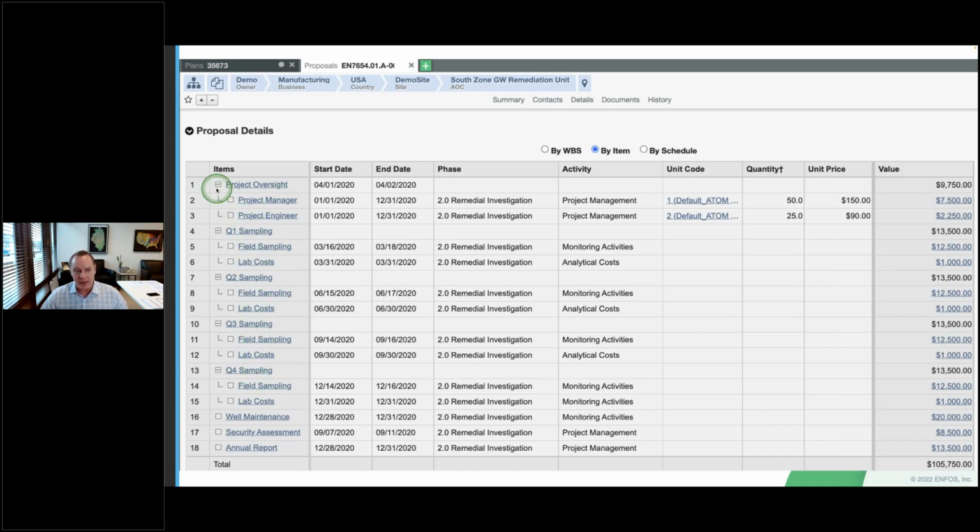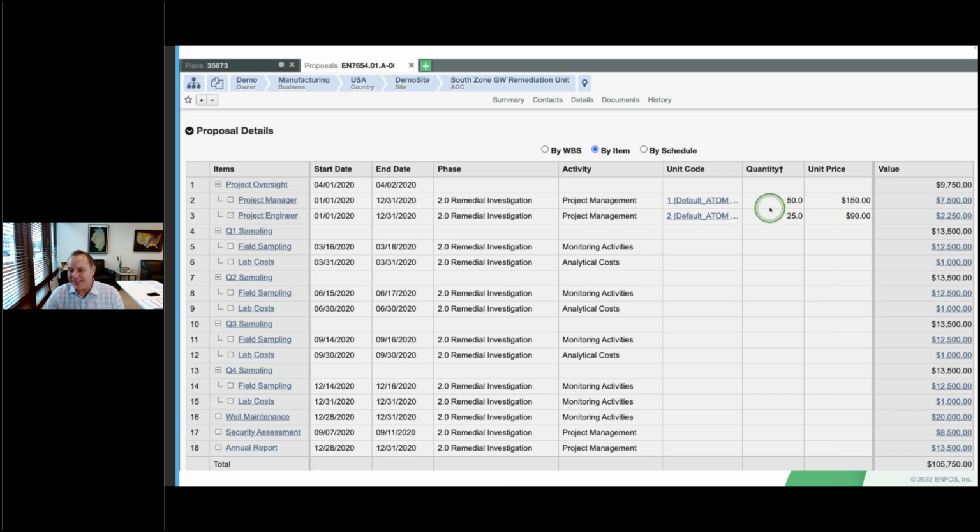So in my basic example here, we have project oversight, we have some project manager time and some project engineer time, right? It's lined up to the phase and activity from the financial plan. It's involving the contractor's rates off of their rate sheet. So there's a $150 an hour project manager and a $90 an hour project engineer, and these are the quantities.